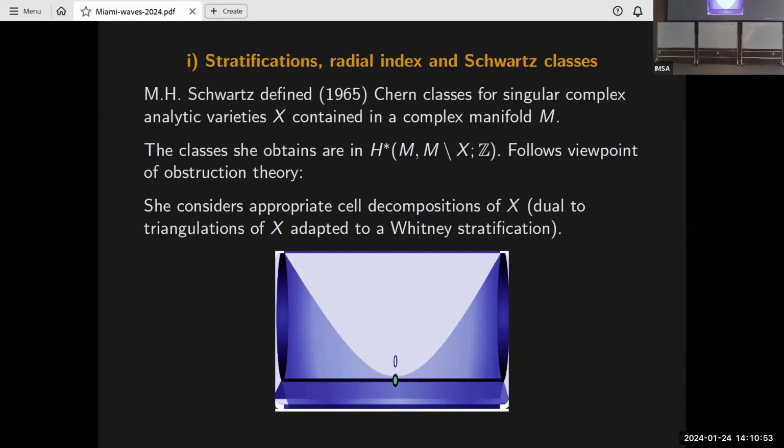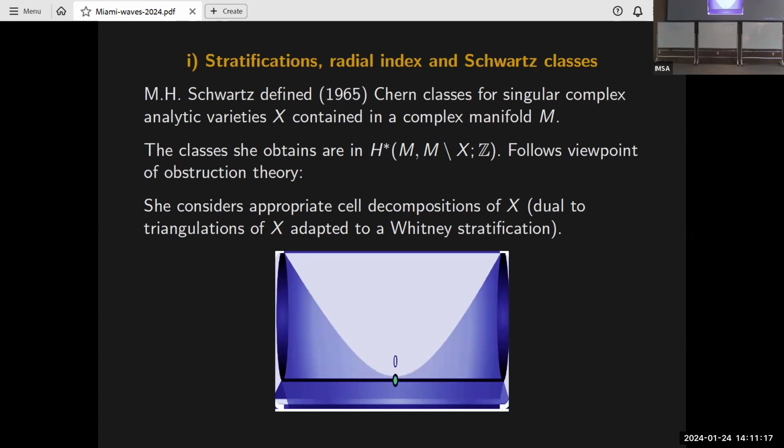Just everything is far more complicated. The same principle of trying to look at obstructions for constructing appropriate stratified vector fields yields homology classes, which are called the Schwartz classes. That was done by Marie-Hélène Schwartz in 65.